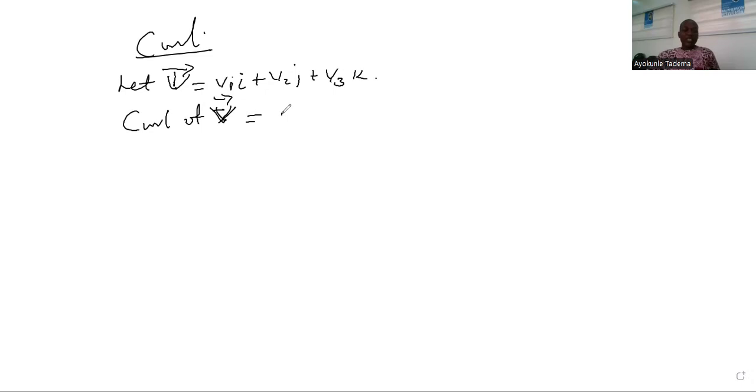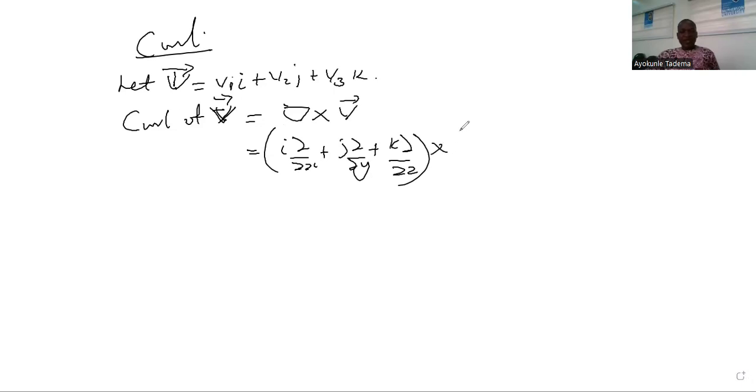Curl of vector v is the same thing as nabla cross product with vector v. And this is the same thing as i ∂/∂x plus j ∂/∂y plus k ∂/∂z cross vector v, which is v1 i plus v2 j plus v3 k.